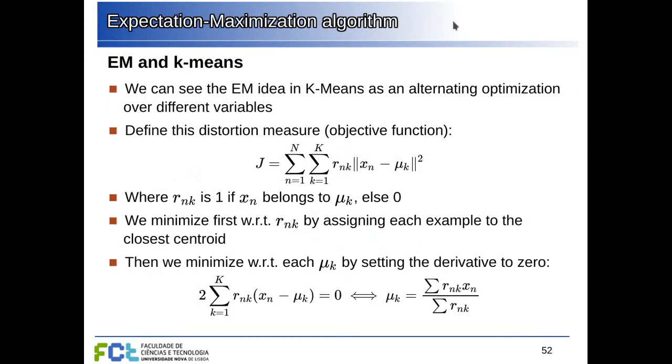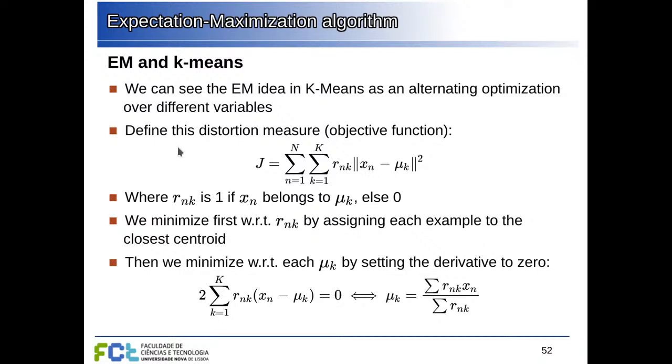So this is the basic idea of the expectation maximization algorithm. We can see this intuitive notion in k-means. Even though k-means is not a probabilistic algorithm, so if we are going to be rigorous, this is not exactly expectation maximization, we can see the idea here.